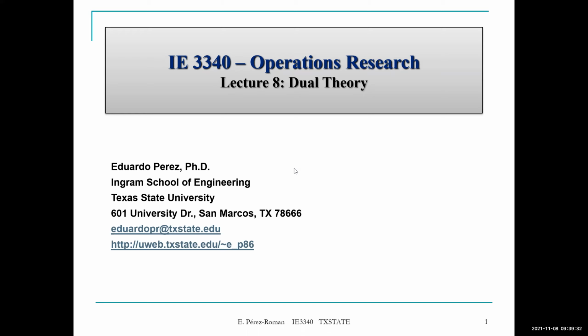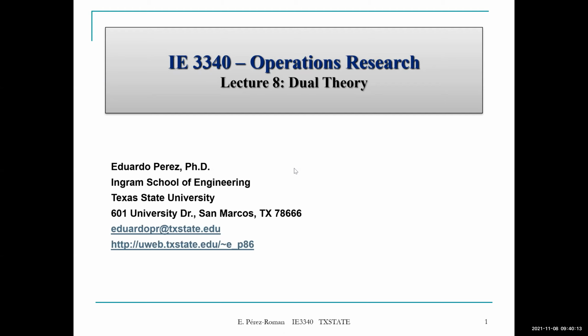Since we now understand what the dual price and the dual coefficient mean, we want to reformulate our original linear programming model into a new problem that will give us answers from the perspective of: if I need to make use of my resources, what will be the most efficient way of doing that? What we're going to observe is that if we solve this new formulation based on the original formulation, you're still going to get the same optimal solution, but the answers are going to give us additional insights.